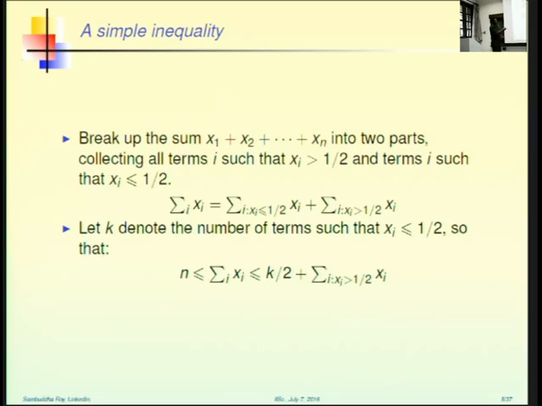But now you say, okay, I am not able to get a good handle on these xi less than half. Because these xi's may be very, very small. They may be 0, they may be 0.25, they may be 0.49, whatever. I'm not getting a handle on them. So let me try to replace them by some proxy measure. A proxy measure is the count, the number of items of that type.